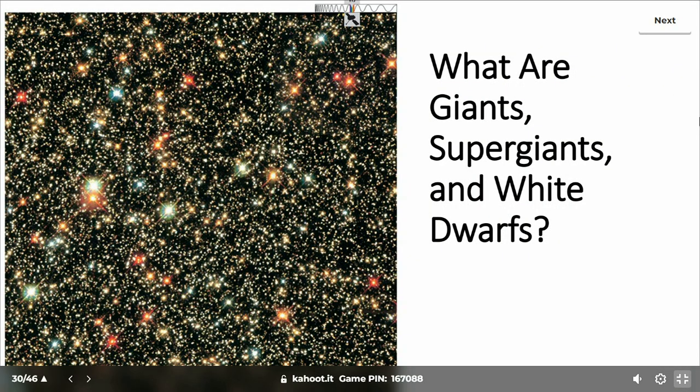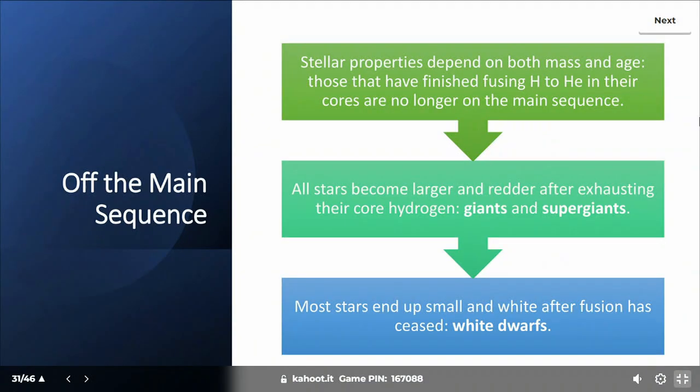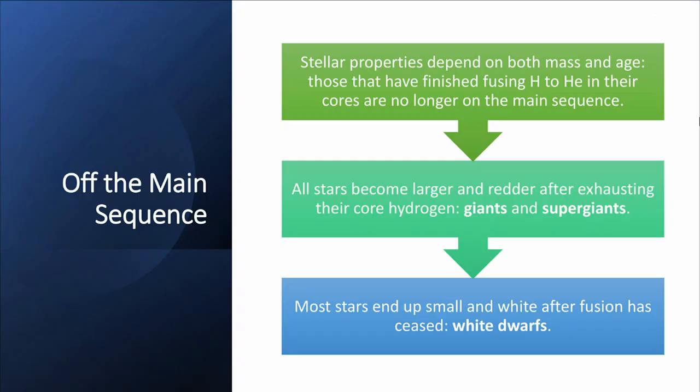Okay, so that's a brief summary of the main sequence, but what are all those other things on the HR diagram? What are the giants and supergiants and white dwarfs? So on the main sequence, you're turning hydrogen into helium in your core. So once those reactions stop, then your star is going to change.